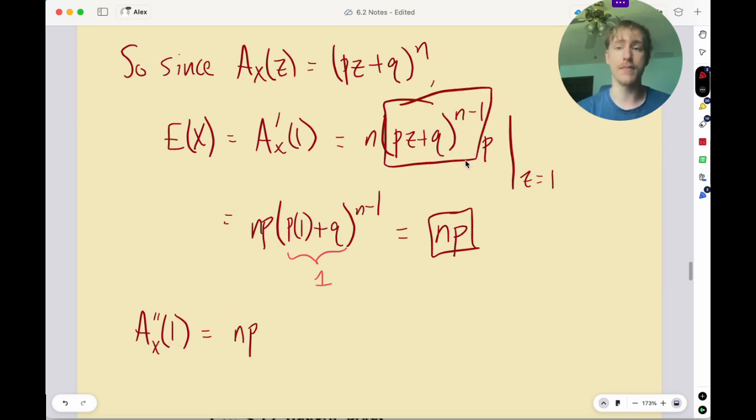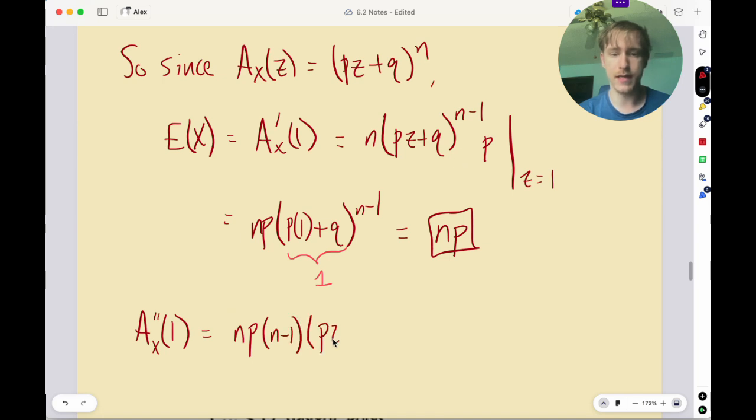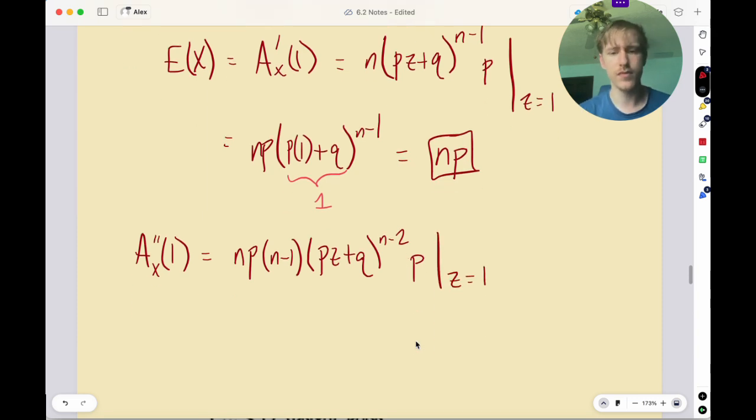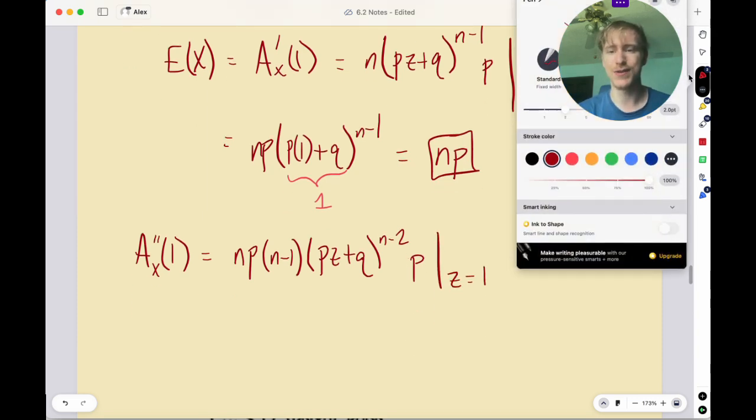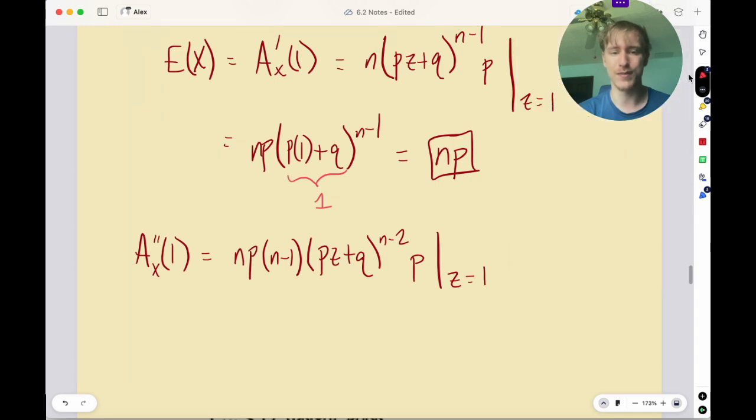We're going to bring the n minus 1 down. So this is times n minus 1 times pz plus q to the n minus 2 times the derivative of the inside again, which is p, evaluated at z equals 1. So evaluating it at z equals 1 means that this term is going to be 1.